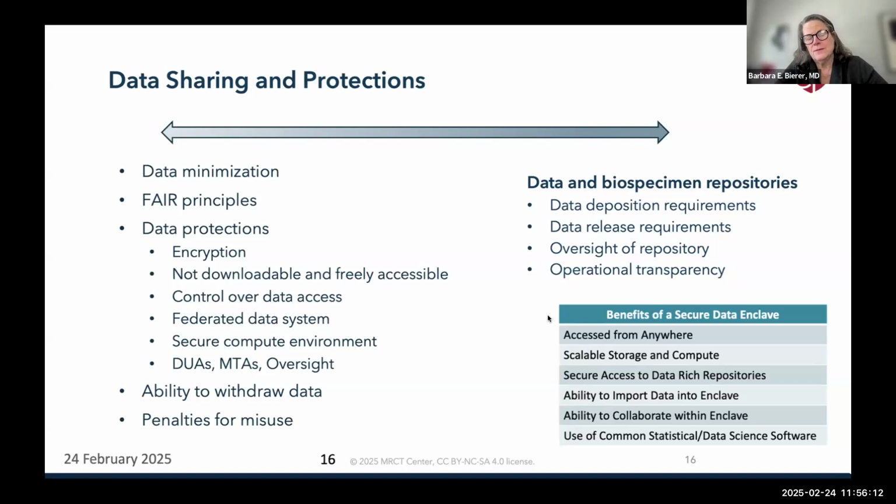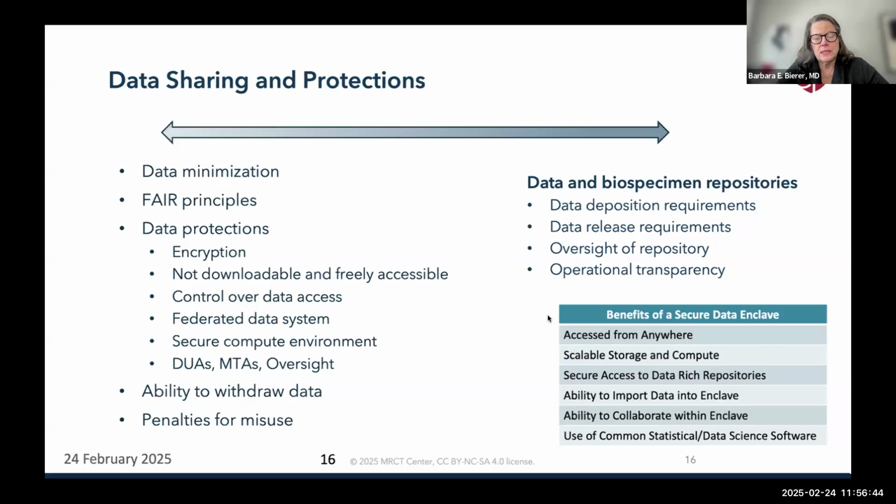I don't think many of these data sets should be downloadable and freely accessible unless they're fully consented. And that itself brings up other risks. There should be some level of control over data access so that we know and have a process to validate who is coming in to access that data, depending on, again, the risk and the consent.